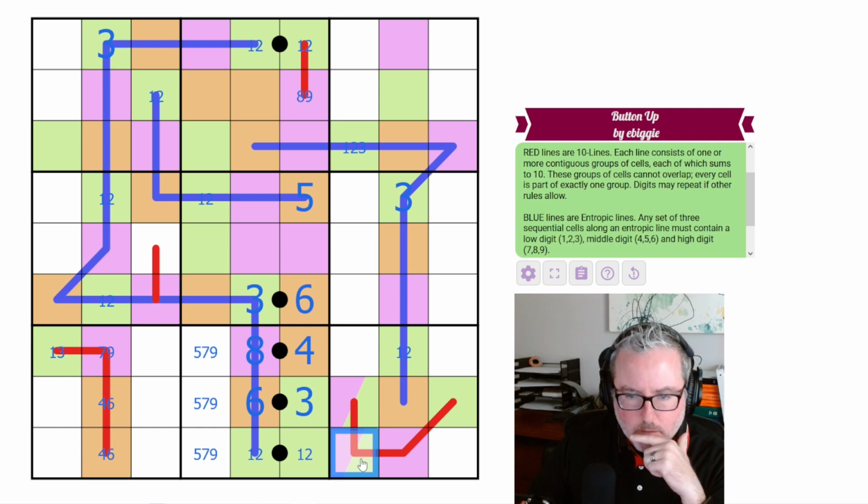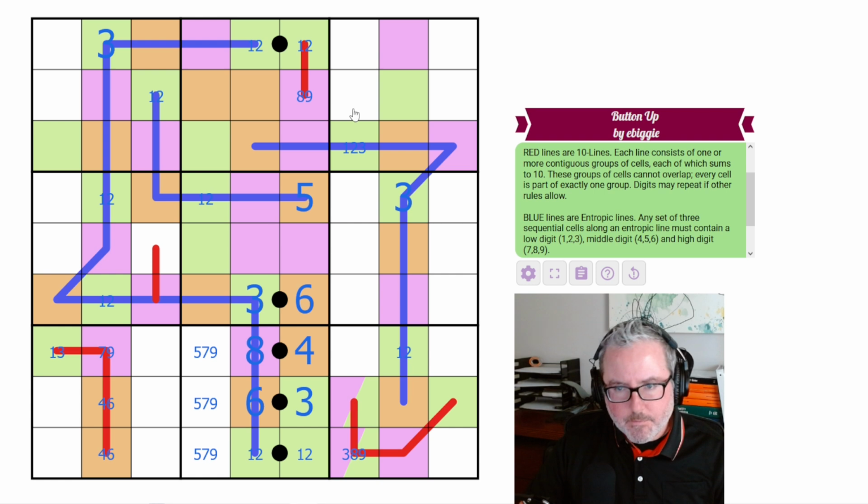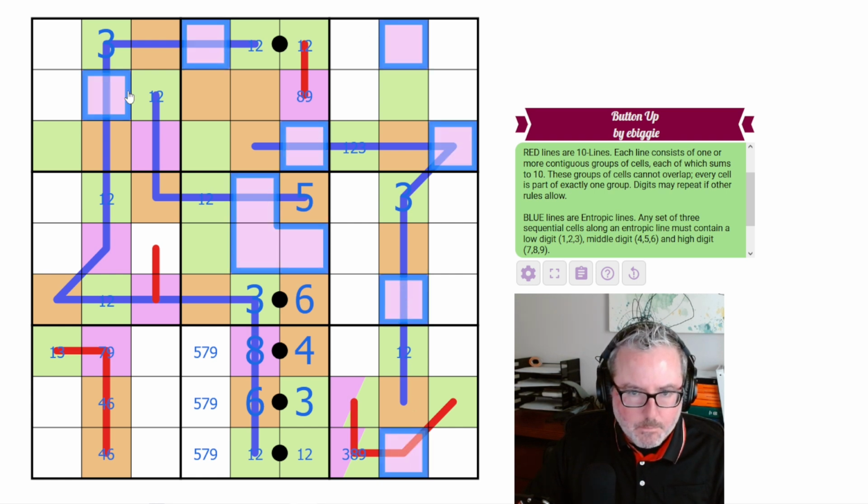If this is low, it's a 3. If it's high, we're talking 7, 8, 9, but it can't be 7 because I'd force this to be 3. Let's put stuff in and start determining values of digits here.